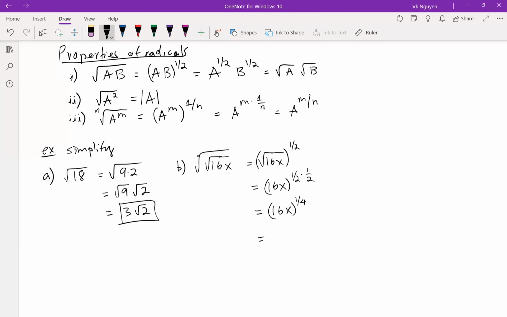So this one is the fourth root of 16 times the fourth root of x. Fourth root of 16 is 2, because 16 is 2 to the 4.